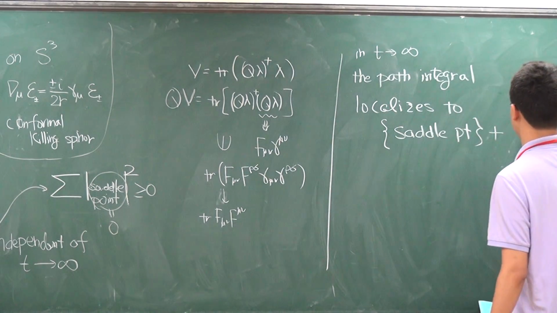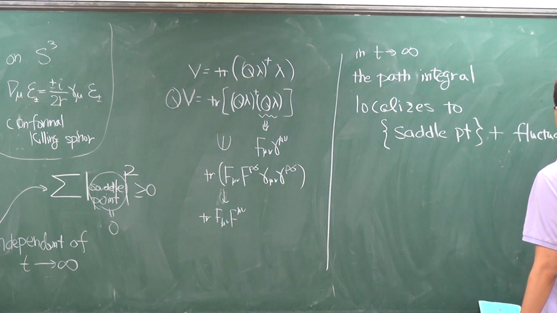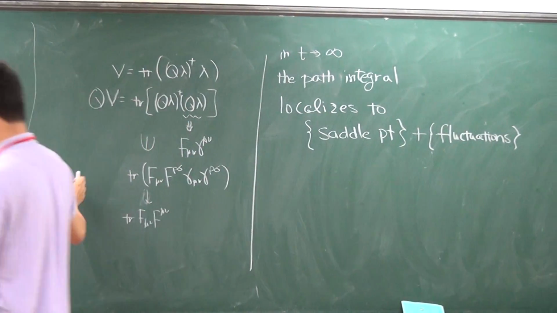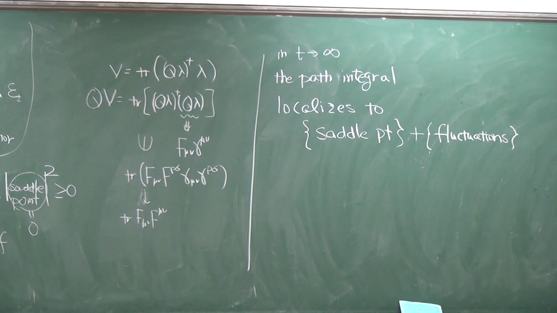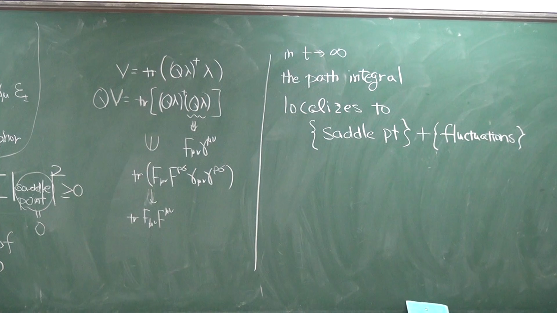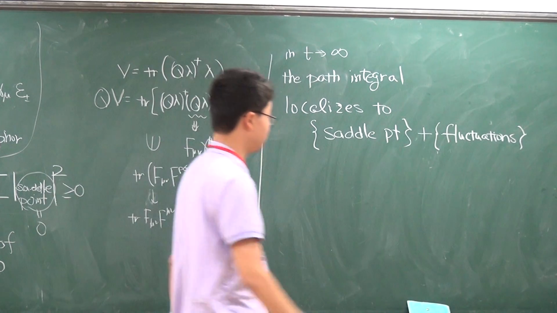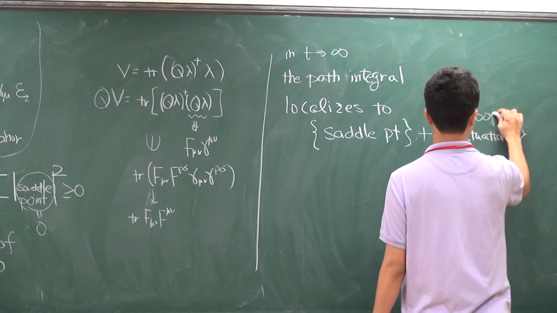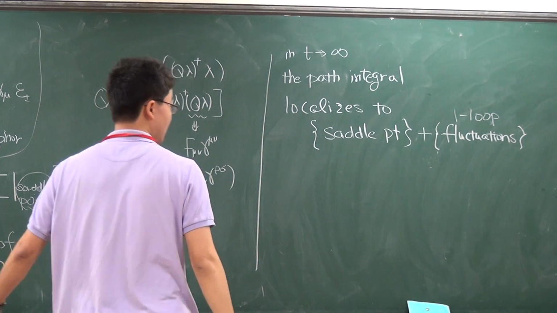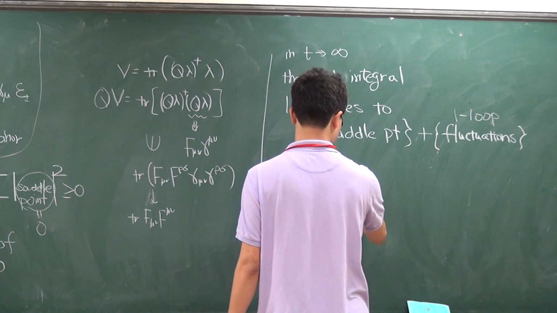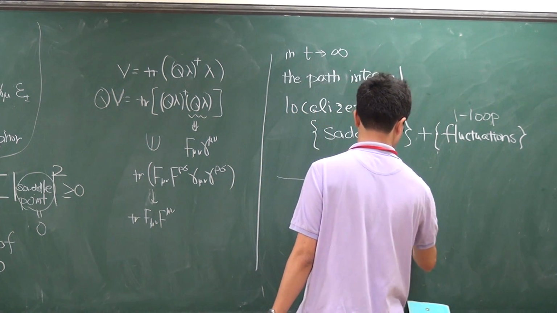And this is a one-loop fluctuation, because there are higher order fluctuations, but these are suppressed. So I took the constant part. So I could only take the leading fluctuation, which is the constant part. And then there are higher order fluctuations, which are suppressed by 1 over t, 1 over t squared, etc. But these vanish in the limit where t goes to infinity. Which means that all I need is the one-loop fluctuation. So by this logic, it follows that this partition function localizes to saddle point configurations.